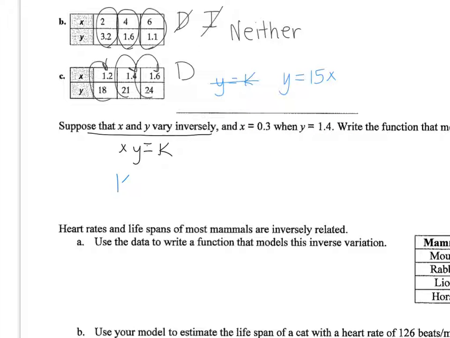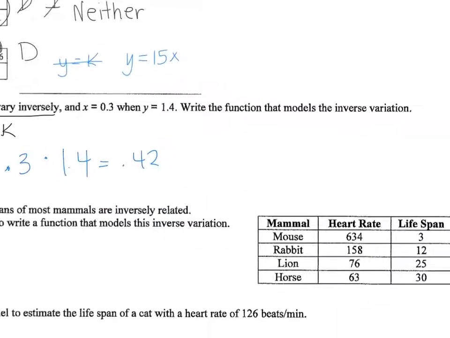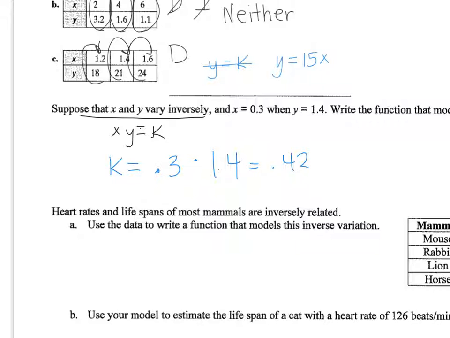So I'm going to do k equals 0.3 times 1.4, which is 0.42. So that's my k. I need to write a function that models the inverse variation, and your function needs to have a constant in it. So my function is going to be xy equals 0.42. Don't just leave it like this. Make sure you actually figure out what k is.